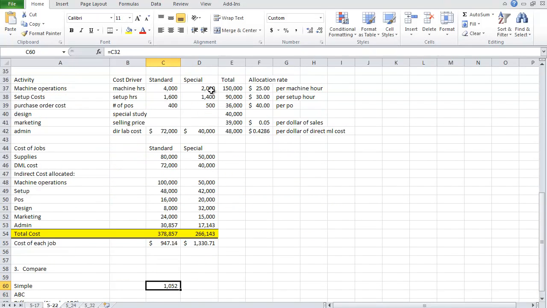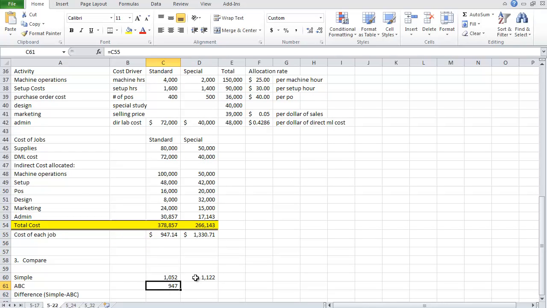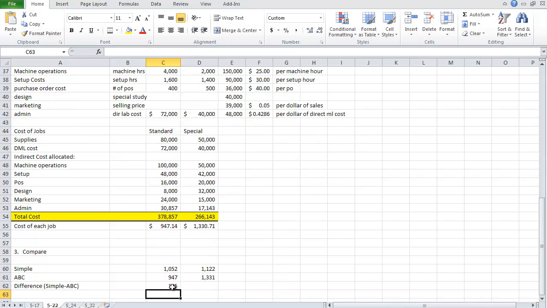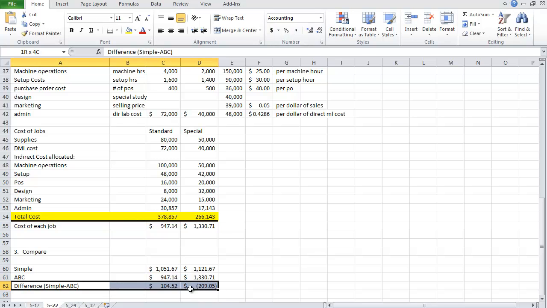Here's what a standard would cost. Here's what our special would cost. And then let's do this minus this. We'll copy this over. And let's format this up here. So these are dollars. And let's give us a difference right here.